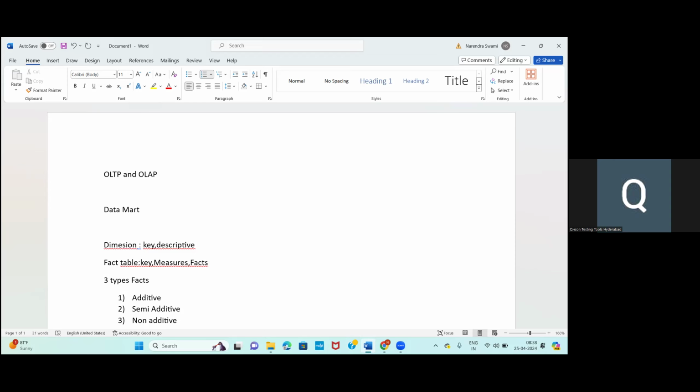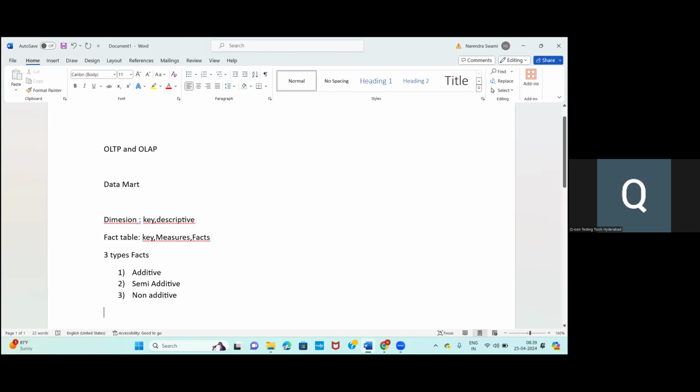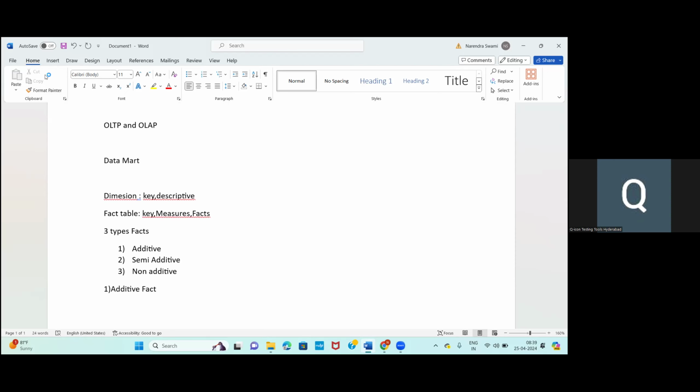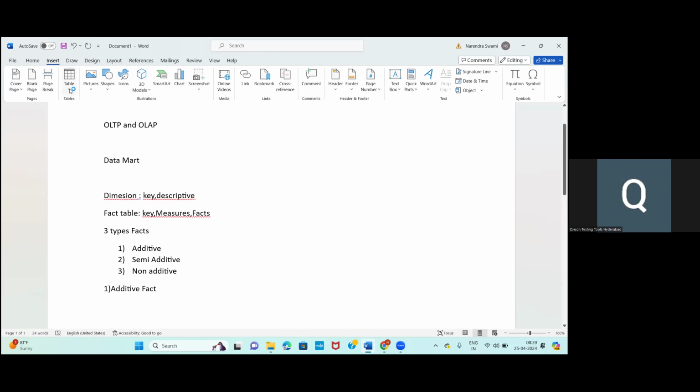These are the different types of facts available in the fact table. We'll see these facts one by one. First is the additive fact. I will explain it with an example.